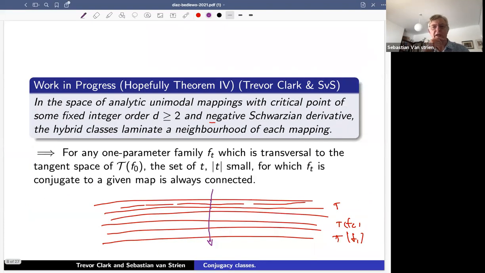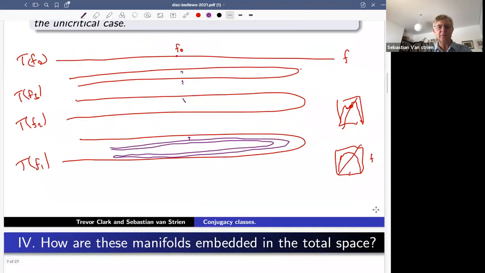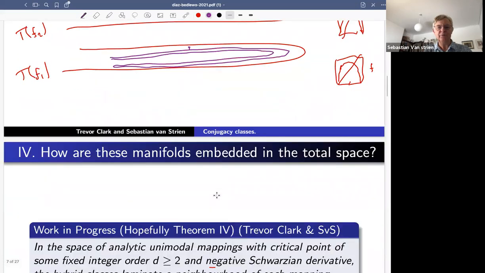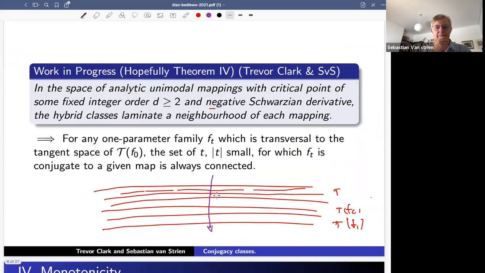And in fact, Arthur still does not believe the result, and so we're writing it, but we're actually convinced that the result is correct, but it's a subtle result. Because for negative Schwarzian, a priori it's not quite clear what this has to do with these conjugacy classes. So the claim is that if you want to construct examples like this, then you're going to fail if you also impose the negative Schwarzian assumption.